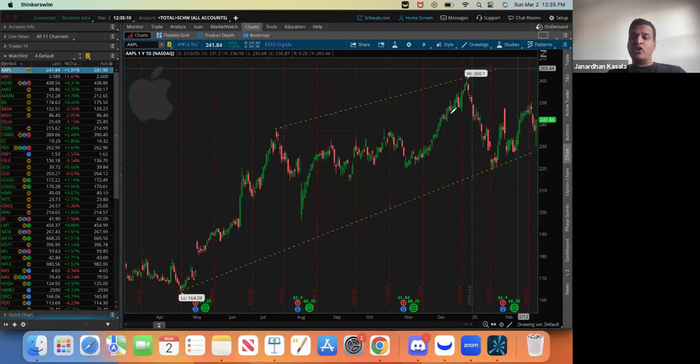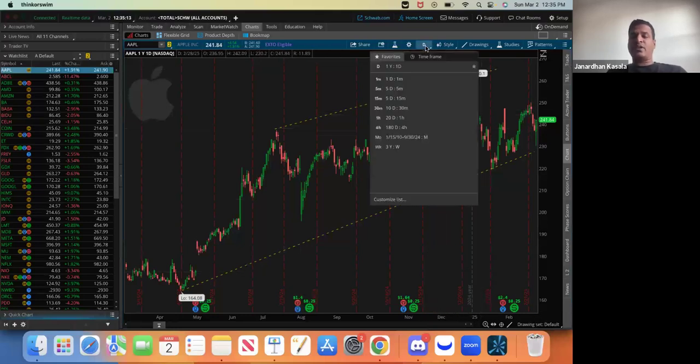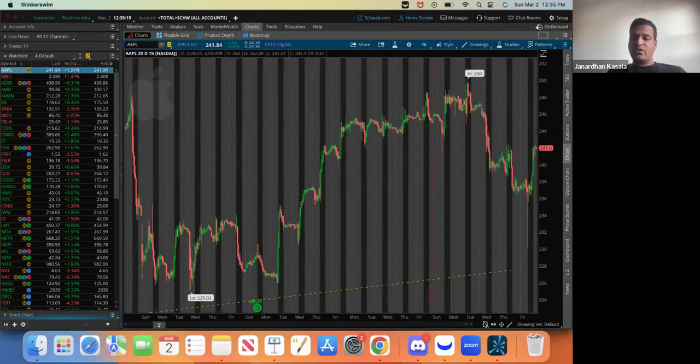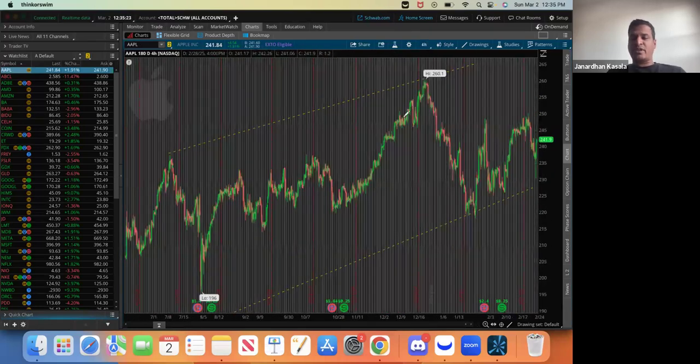But say you're looking at lower time frames, like last February, it's going down. If you're looking at lower time frames, you might find it as a bearish trend, if you're just looking from here to here, but still in the bear channel. This is bearish, it's trying to make lower highs, lower highs, lower highs.